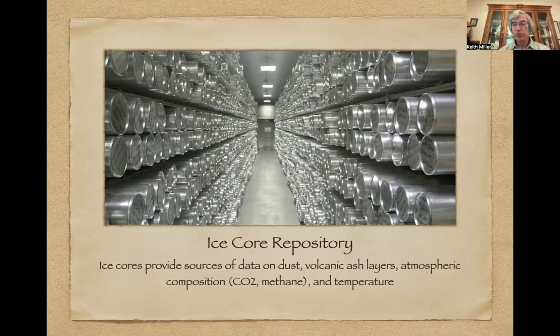So, as we'll see later in this talk, volcanic materials are very datable using radiometric dating methods, which I'll talk about later. So you can date that ash layer, and then you can compare it to the count of layers, and that can help confirm your dating.